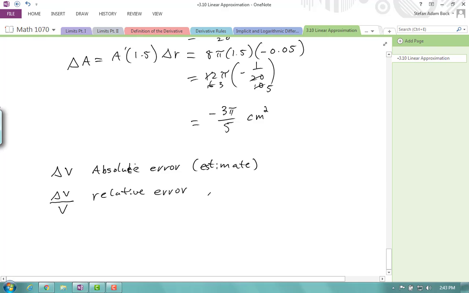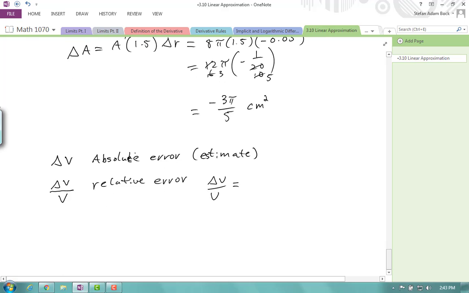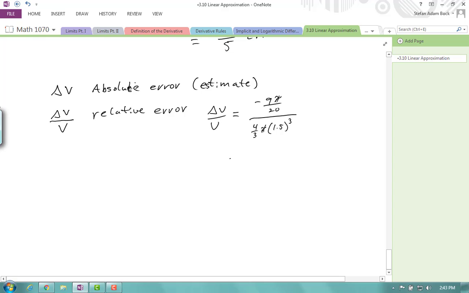So in this case, my delta V divided by V is equal to negative 9 pi over 20 all over 4/3 pi 1.5 cubed. I can cancel these pi's, but I think I'm out of luck simplifying this otherwise.